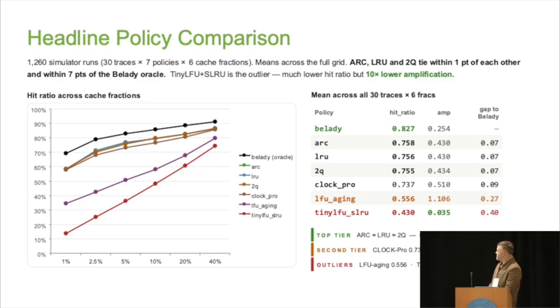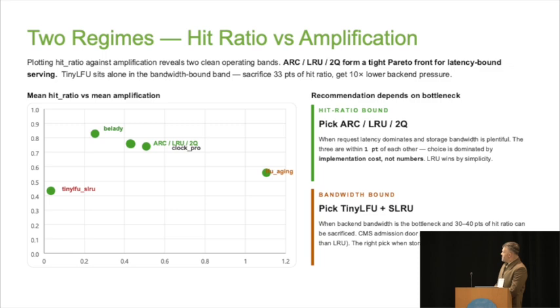So this slide demonstrates hit ratio versus amplification. That means we don't have any ideal solution, because if we want to be focused on hit ratio, we should choose one of the basic eviction policies like LRU, ARC, or 2Q.